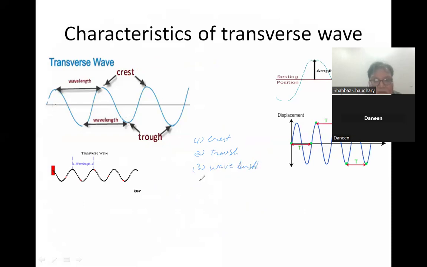And now the fourth one is the amplitude. What is amplitude? That's very important. Look, this distance, that's the crest, and this is the mean level. I should draw first.